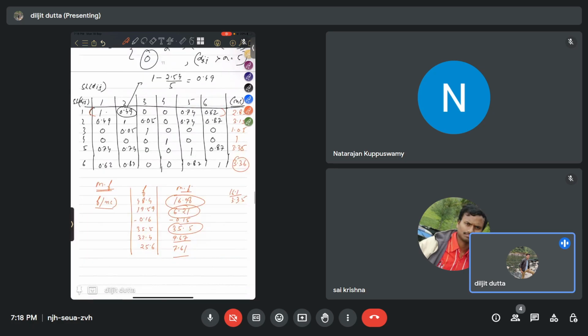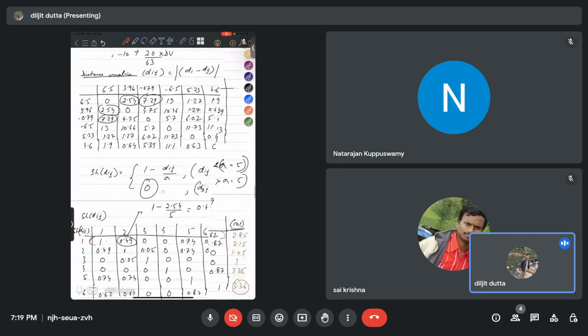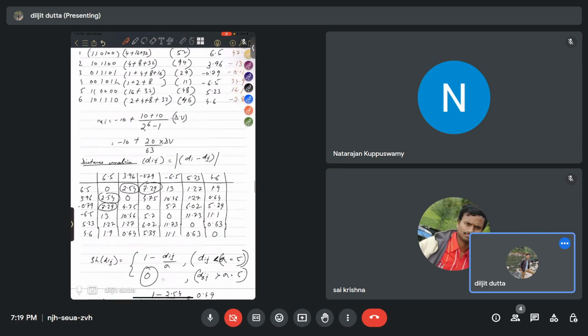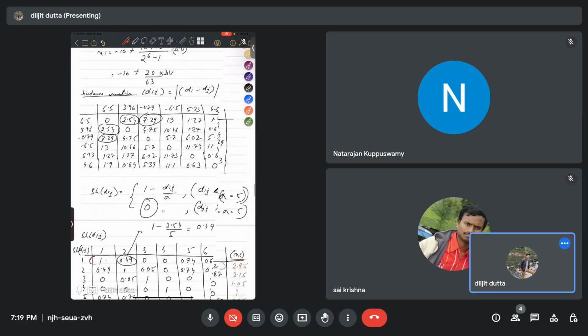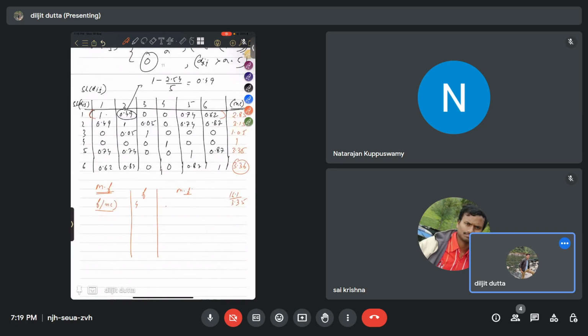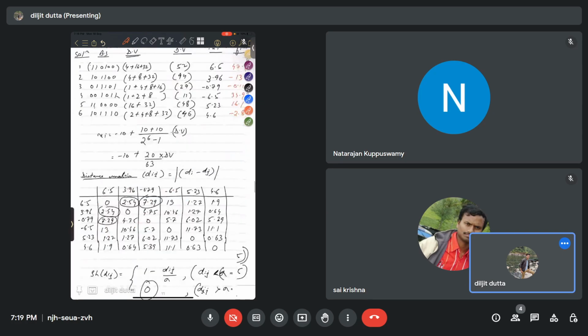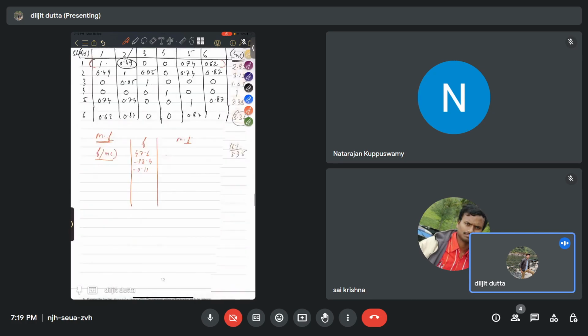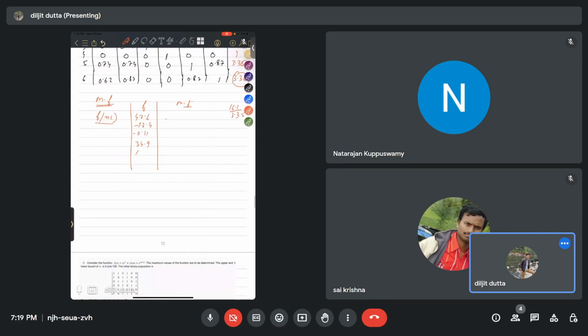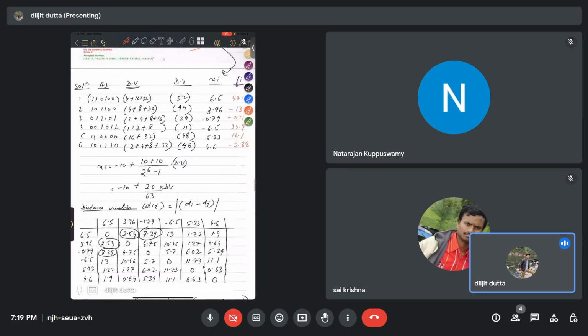So let us write the modified table. What are the fitness values again? 47.6, minus 13.4, 1, 34.9, 16.1, and my last one is minus 2.88.